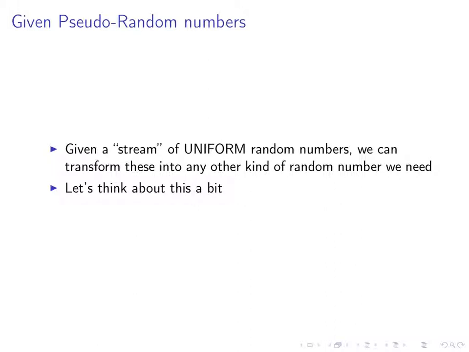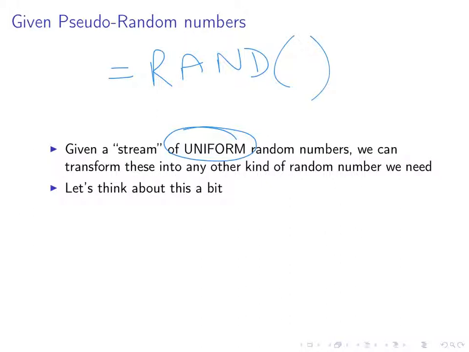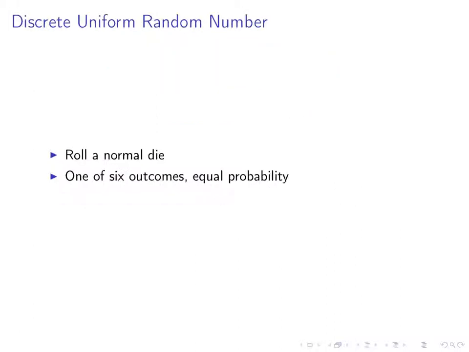Now, the interesting point is that once we've been given some uniform random numbers, and we've been doing this in Excel by typing equals rand, that gives us a uniformly distributed random number that's anywhere between 0 and 1. So there are two ideas that we want to clarify here.